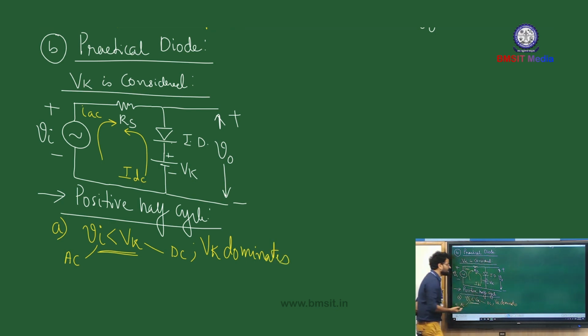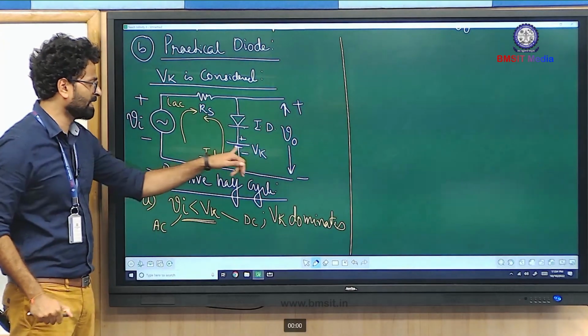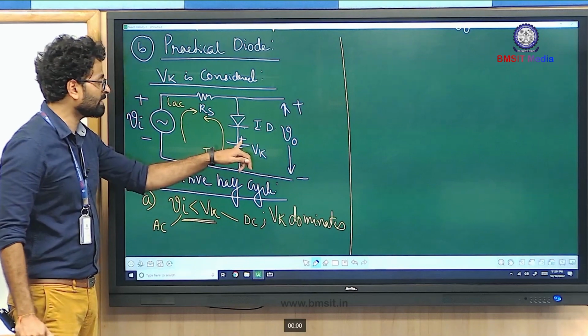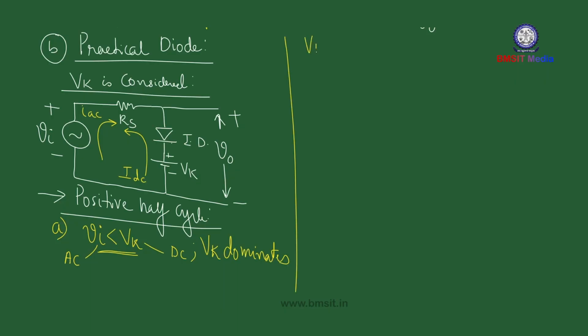If Vk dominates, then let us see what will happen to the circuit operation. As you can clearly observe, Vk is dominating in nature. And how is Vk connected? The positive terminal of Vk is connected to the diode. So Vk keeps the diode in reverse bias.